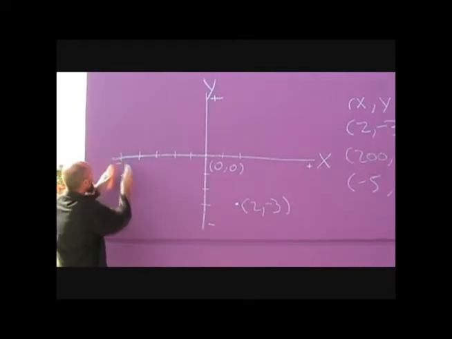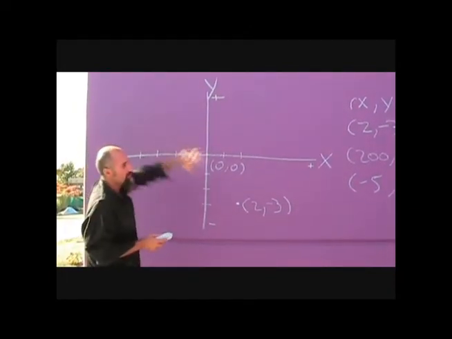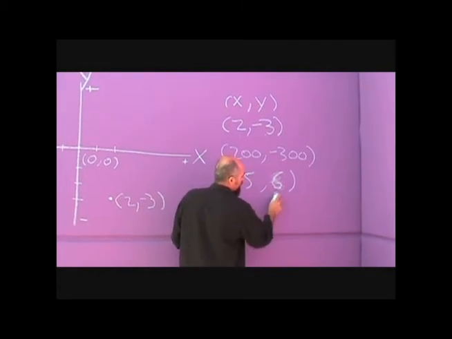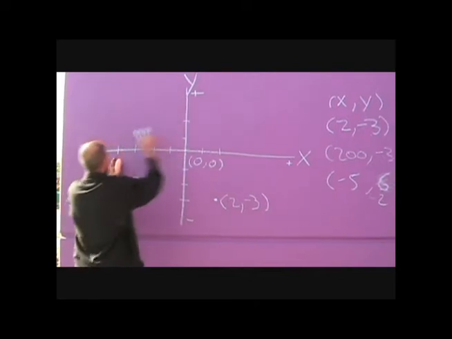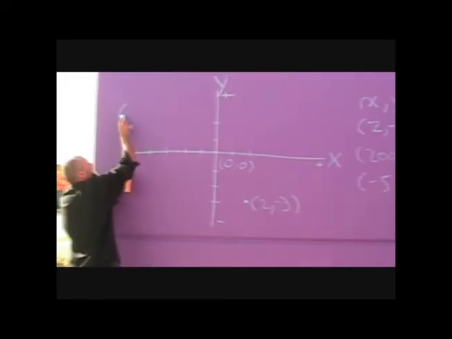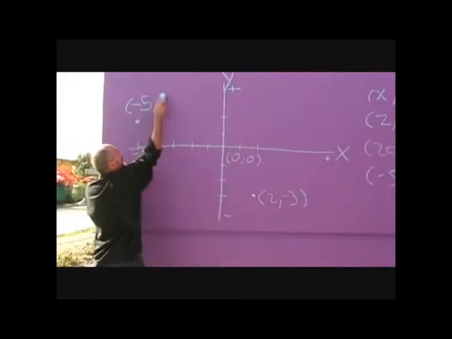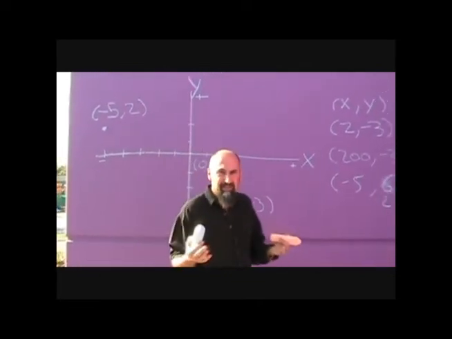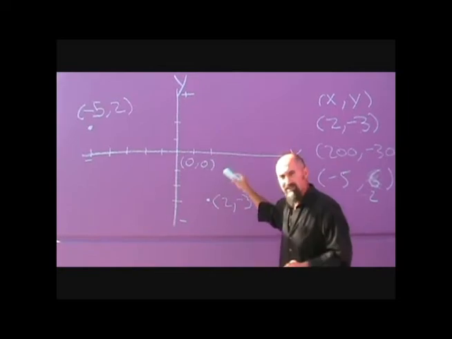That's negative 5. You know what? My arm's not going to reach up to 6, so let's make it 2. So we're going to go 1, 2. So this point here is negative 5 and 2. So that's how we're going to place points on a coordinate system.